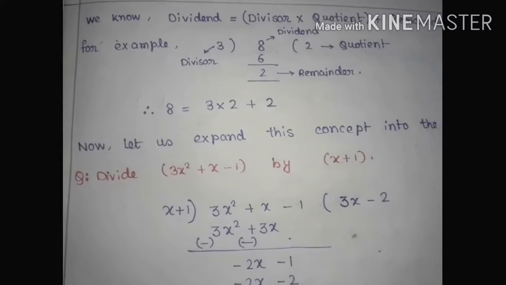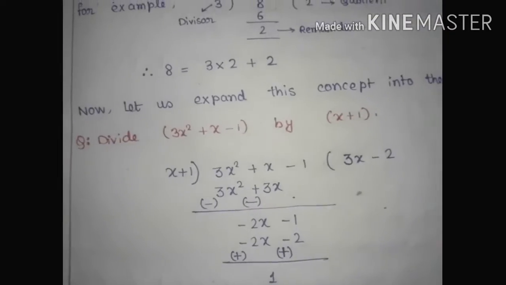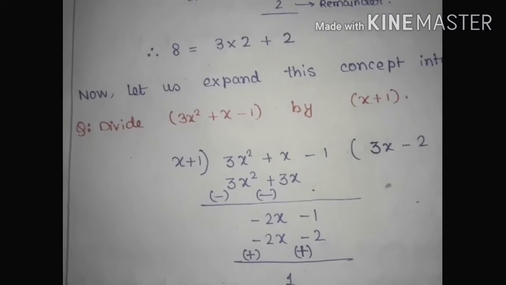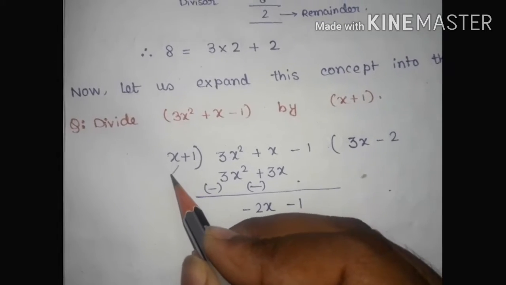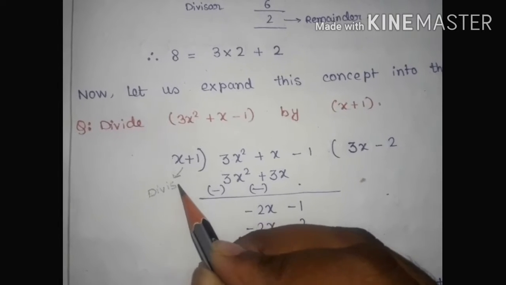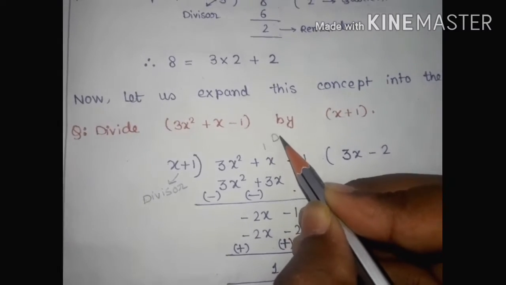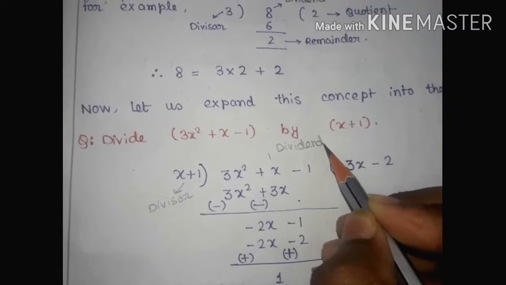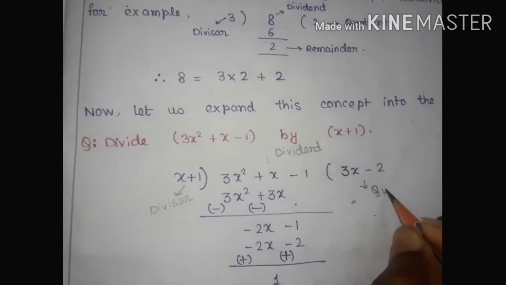Now let us expand this concept into polynomials. Divide 3x square plus x minus 1 by x plus 1. Here x plus 1 is the divisor, this is the dividend, and this is the quotient.